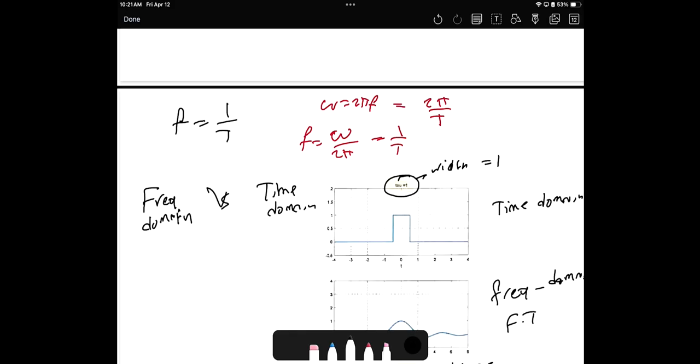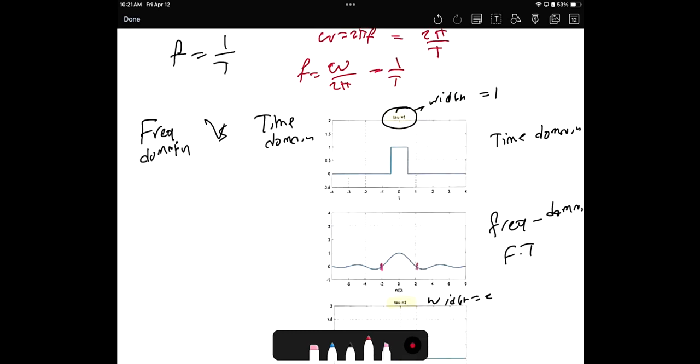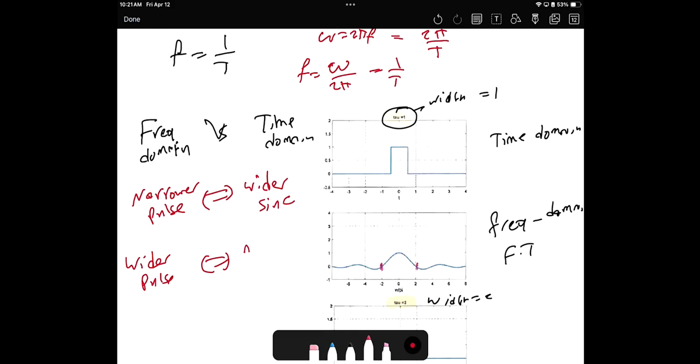So if you make the pulse narrower, what will happen to the sinc? It will be expanded. If you make the pulse wider, you will make the sinc narrower. Okay? So I can say a narrower pulse leads to a wider sinc, or a wider pulse will make the opposite, which is a narrower sinc.